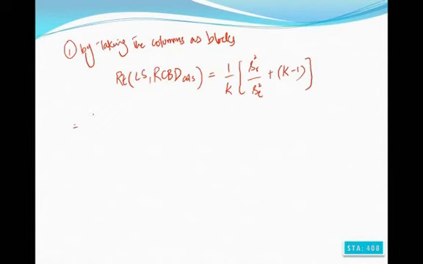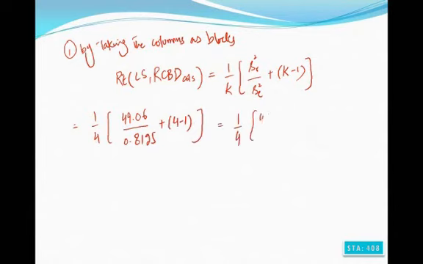Put the values: 1 over 4, Sr square is 49.06 over 0.8125, plus 4 minus 1. It's 1 over 4, 49.06 over 0.8125 plus 3. The answer is 15.8454, or you can say 15.85.